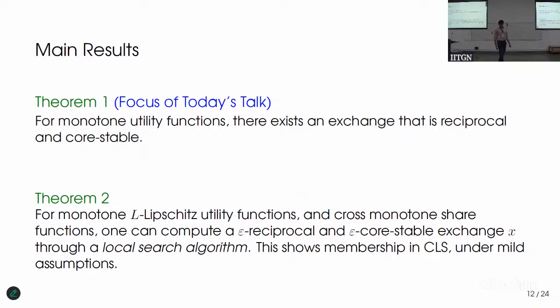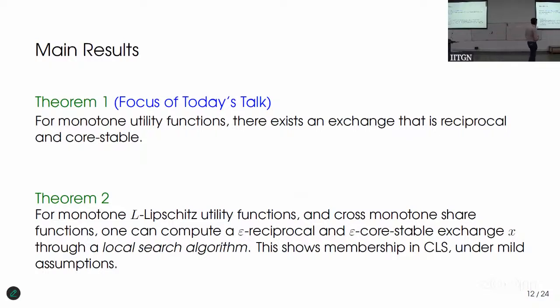I'm not going to get into the details of cross-monotone shares, but think of it as: you have submodular utility functions and you're using Shapley shares, then the share function is going to satisfy cross-monotonicity. In that case, we give a local search algorithm to compute an approximate reciprocal and approximate core stable exchange.